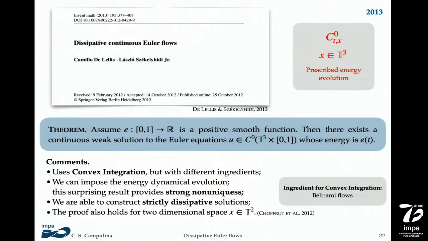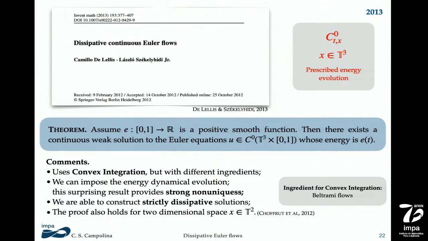Assume that E, from the interval [0, 1] to R, is a positive smooth function. Then there exists a continuous weak solution to the Euler equations, so in C0, whose energy is E of t.